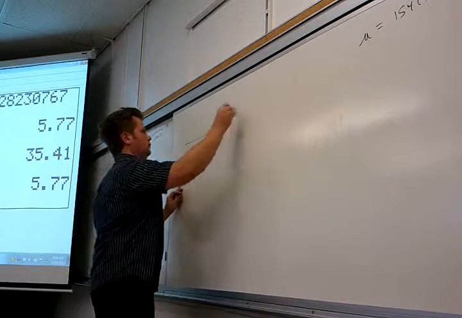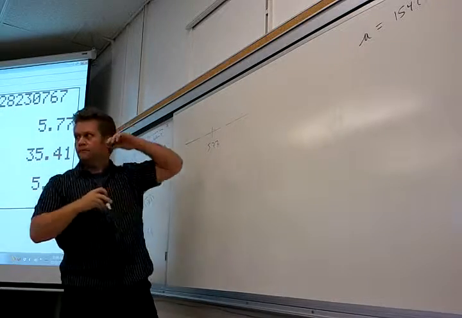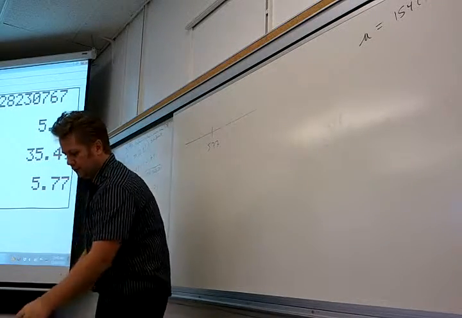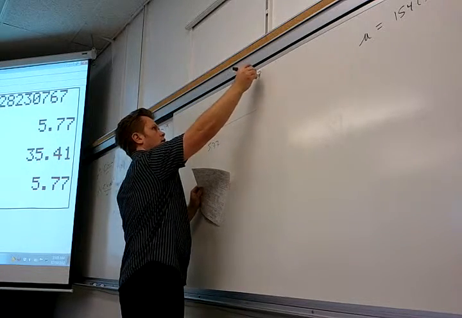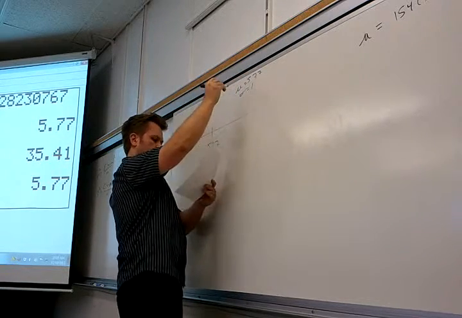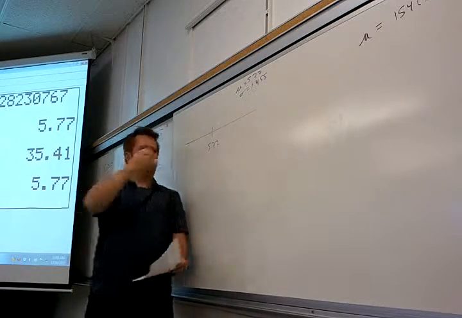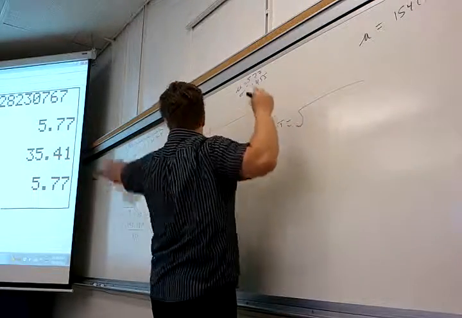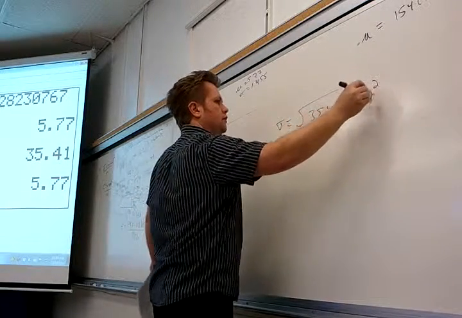We know the mean is 5.77, right? And the standard deviation I worked out to be 1.455. So that's from doing the square root of the 35.41 minus 5.77 squared.